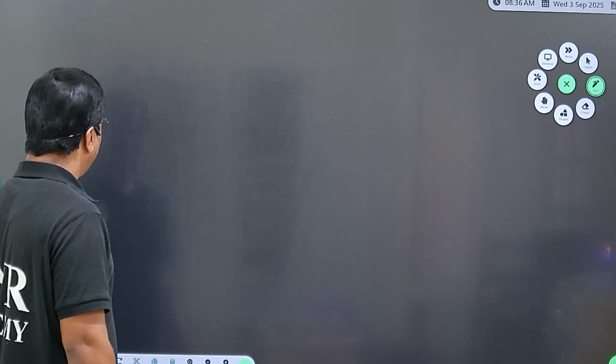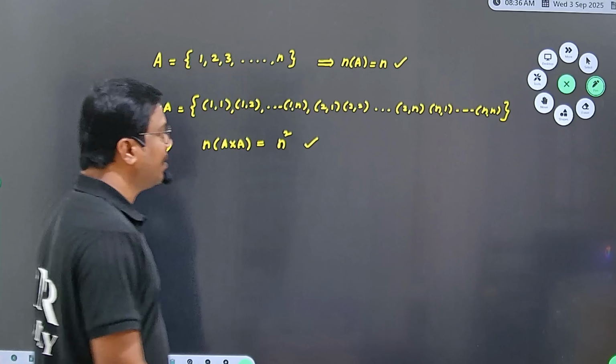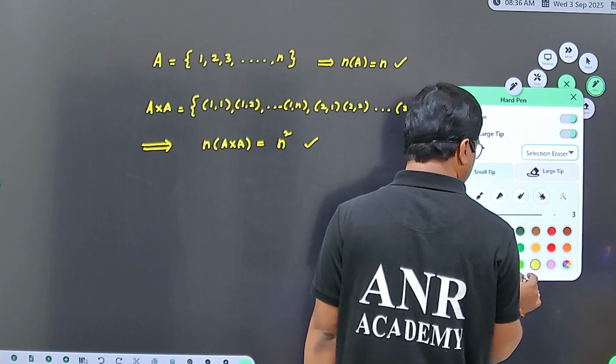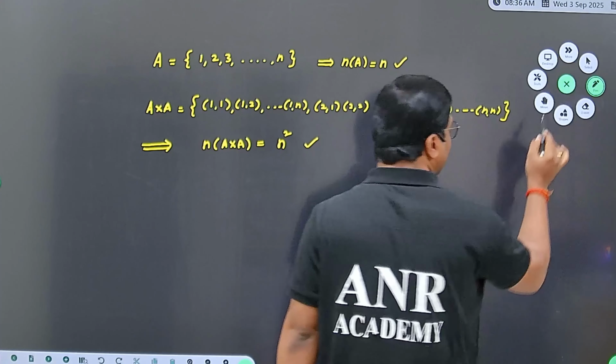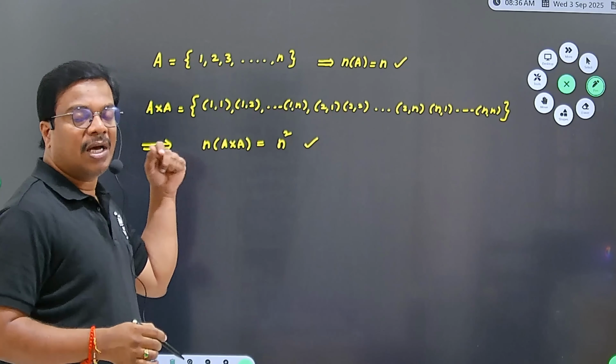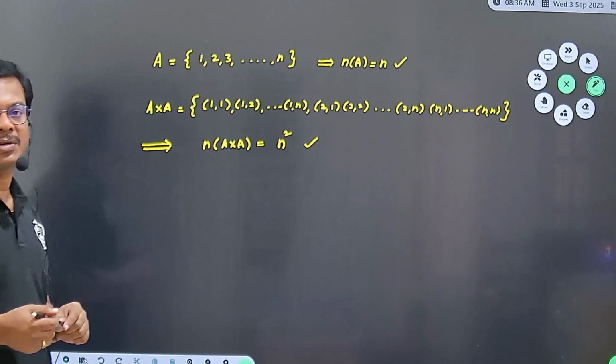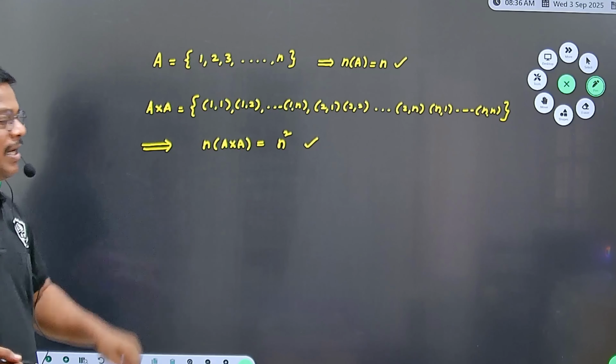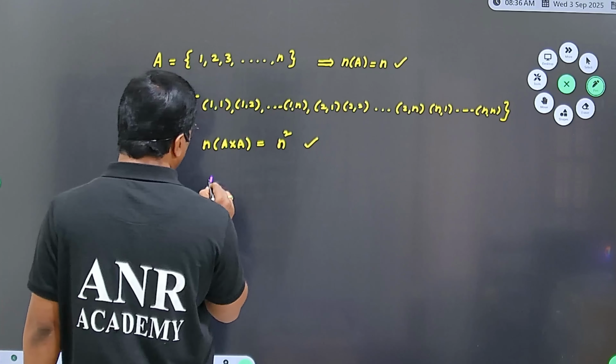So here I am going to write the total number of entries in A cross A first. Then we are going to check how many such relations are possible to satisfy that antisymmetric condition. Total how many do you have?